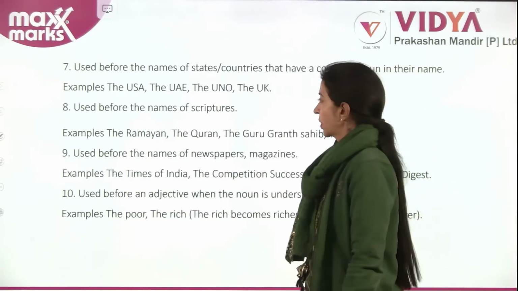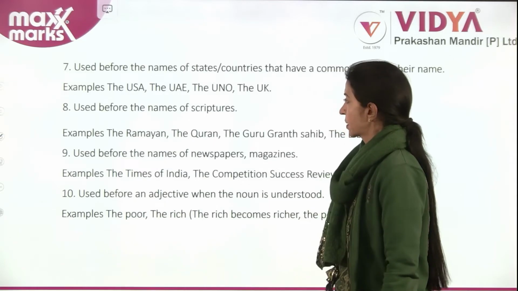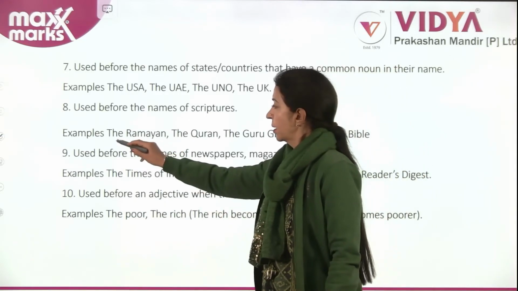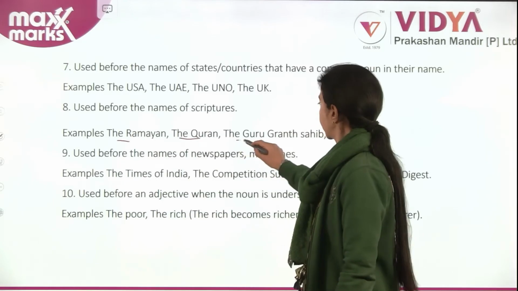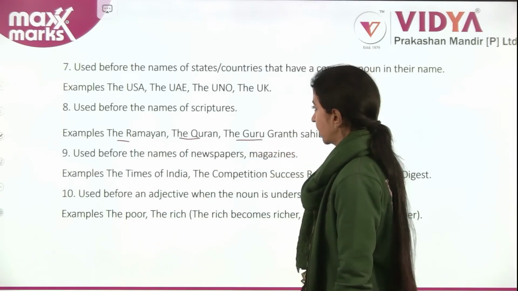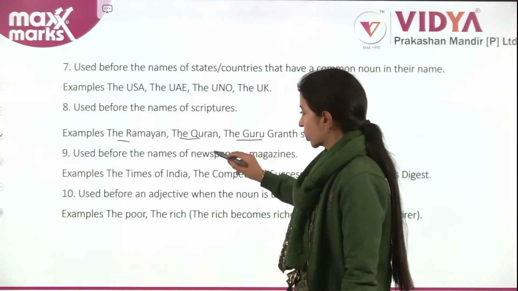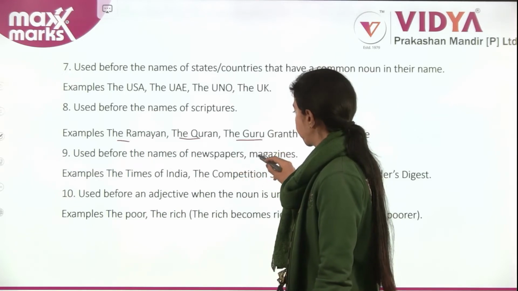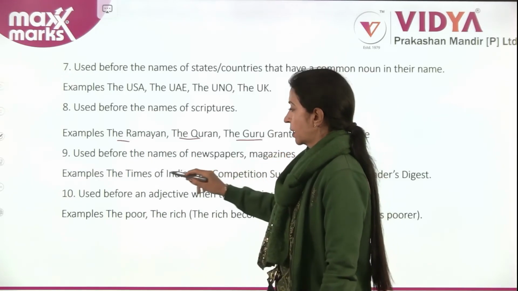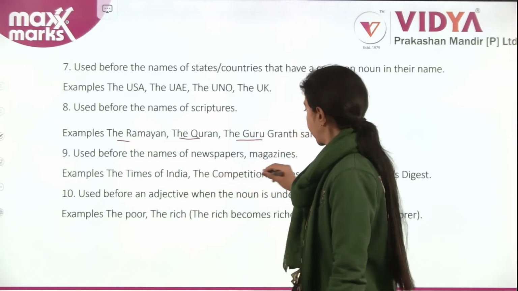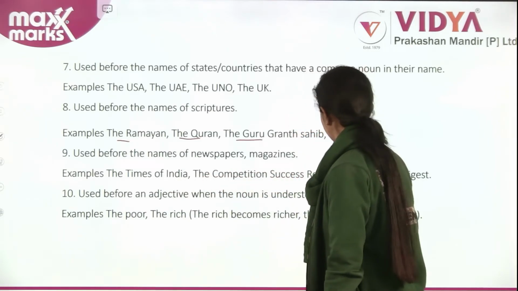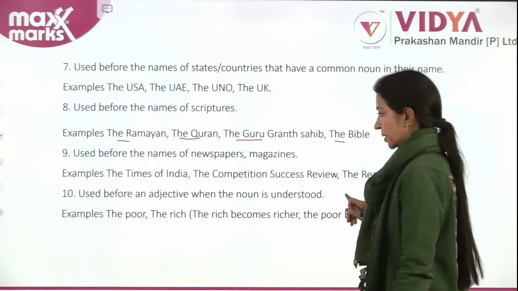Used before the names of scriptures: the Ramayana, the Quran, the Guru Granth Sahib, the Bible. Used before the names of newspapers, magazines: the Times of India, the Competition Success Review, the Reader's Digest.